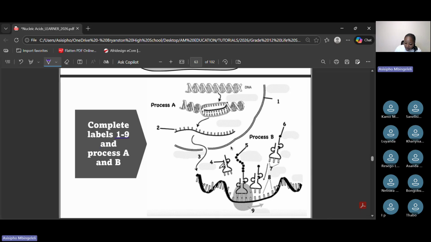So there is 1, there is 2, there is 3. 3 is this space over here. There is 4, there is 5, there is 6, this part over here, and where is 7? I don't see 7. Oh, there is 7 over here. There is 8 over here. And there is 9. Okay.